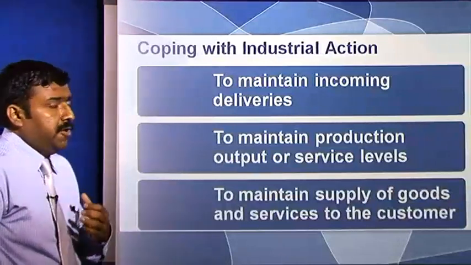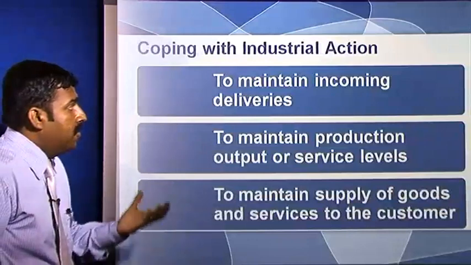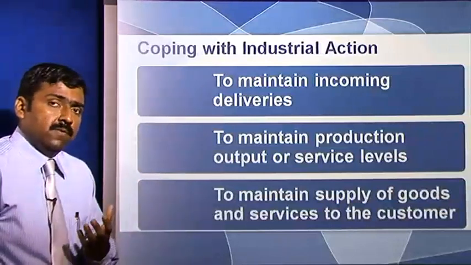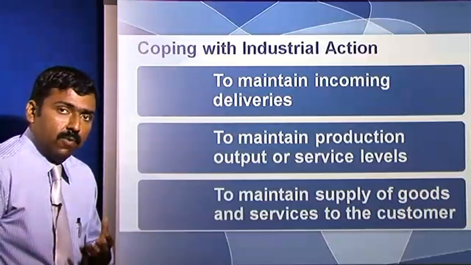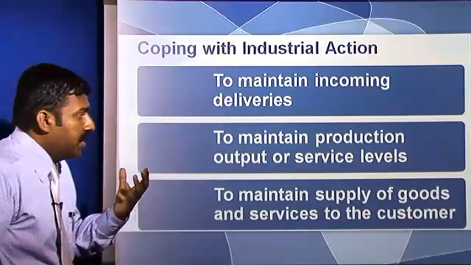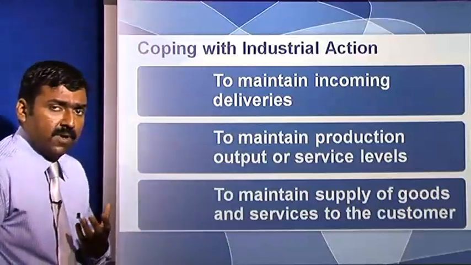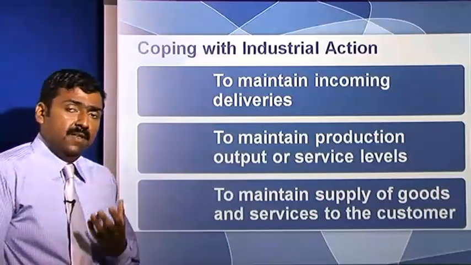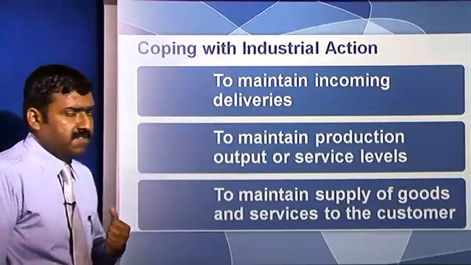Now, why do you need to have strategies to cope with industrial action? Because of three reasons: to maintain incoming deliveries so that your supply of materials is not hit, your production does not come to a halt; to maintain production output or service levels. You need to have a strategy in place so that your production and your service delivery is not hit by industrial action. To maintain supply of goods and services to the customer.